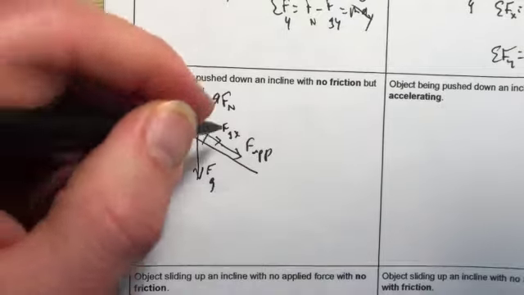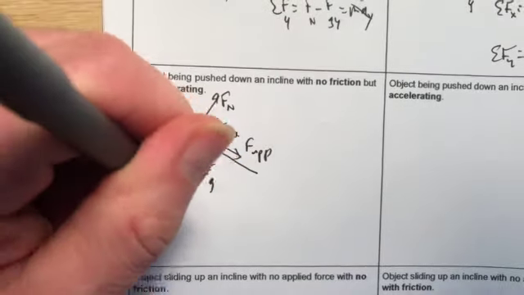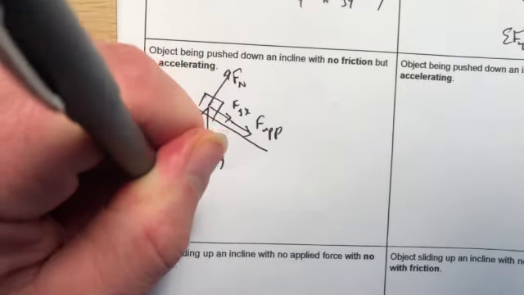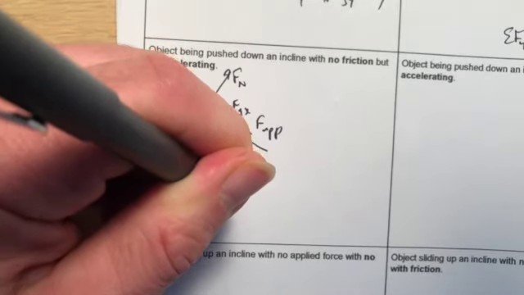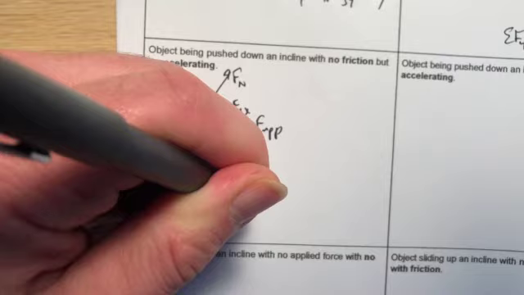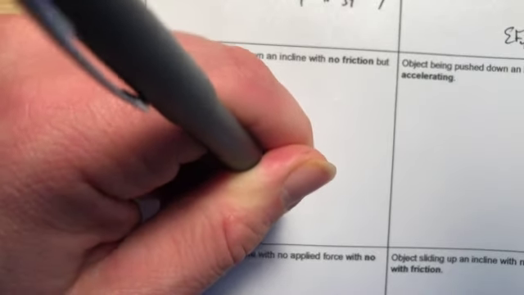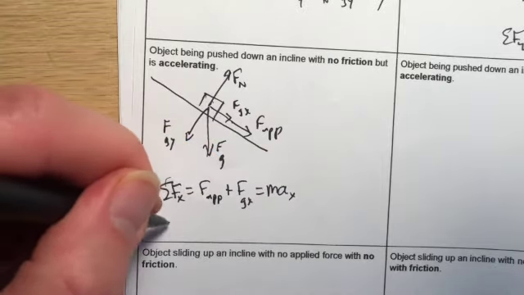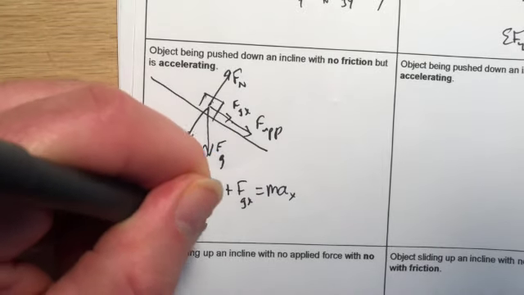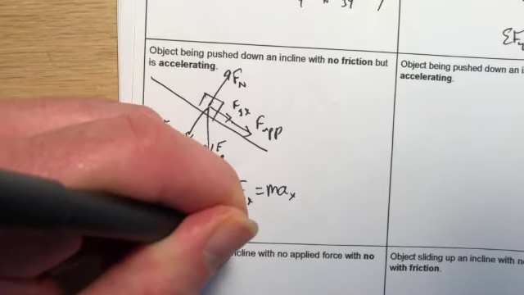There's no friction. And so now I'm going to go sigma Fx equals F applied plus Fgx equals max. And it's not 0, so I leave that there. No change in Fy.